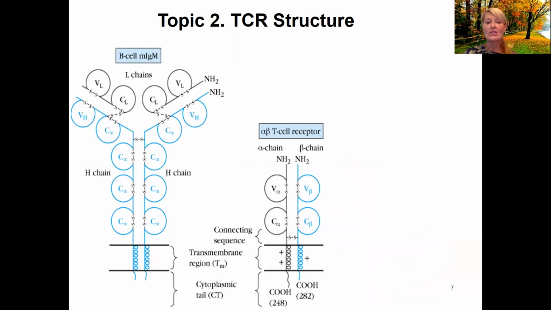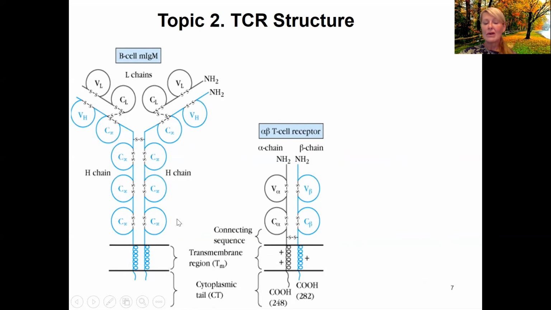But first, let's just have a look and compare antibody or immunoglobulin, what you see here, with the T cell receptor, which you see here. So you can see just at a glance, they have some similarities. There's this conserved region, and that's also seen here, or constant region domains, they're often referred to.